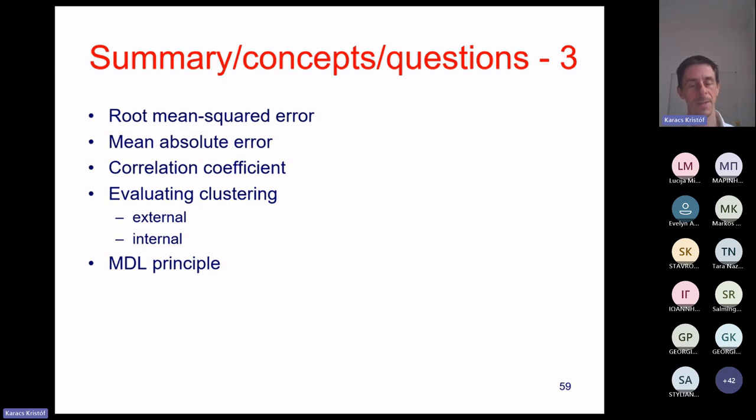And last but not least, we talked about how we can evaluate unsupervised methods, namely at least clustering methods from the family of unsupervised methods. And we mentioned external and internal approaches.